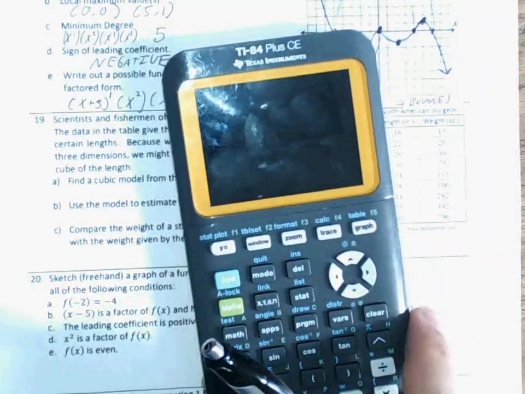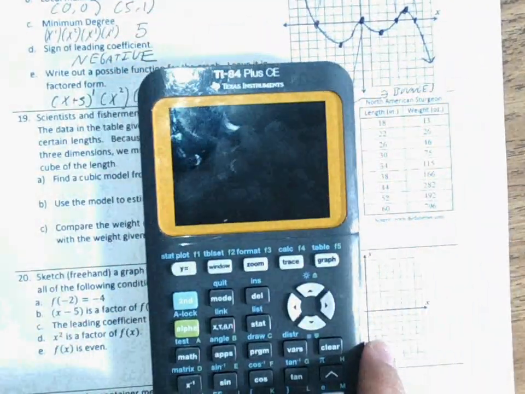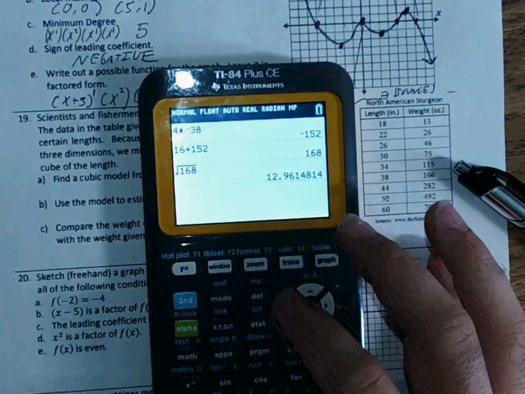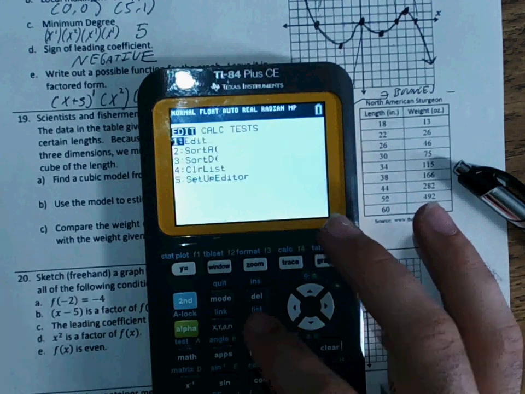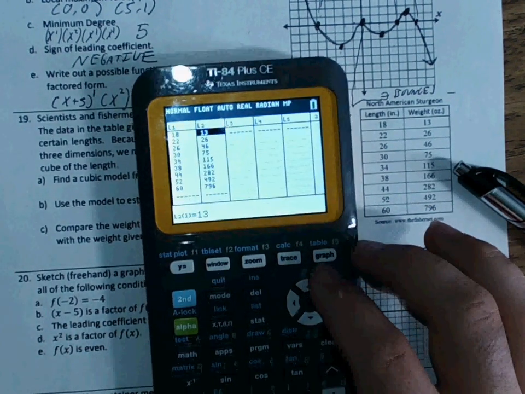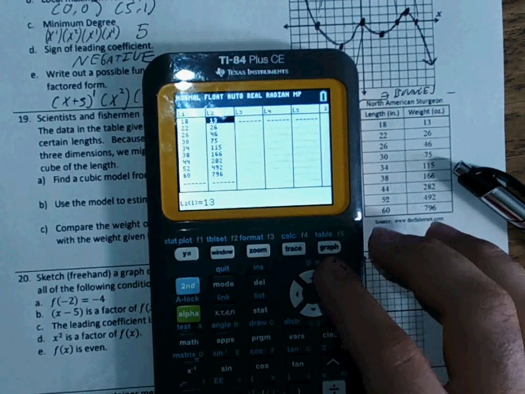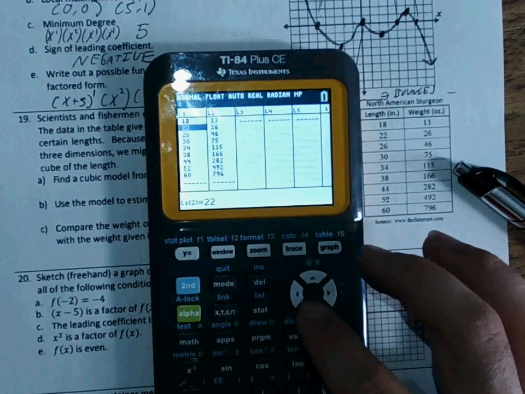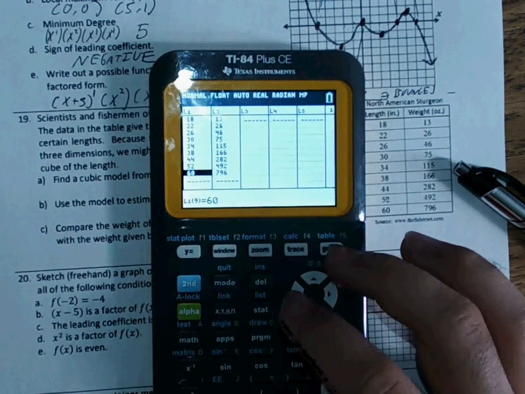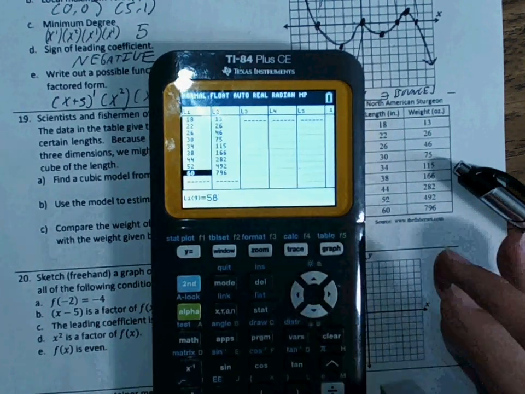So we'll need a calculator to do this, and we're going to need to input values into the table. So in order to input values to the table, I go to Stat, Edit, and I input the length, our input, into these x values. As you can see here, I can change it just by changing. So let's say that's 58, and that becomes 58.